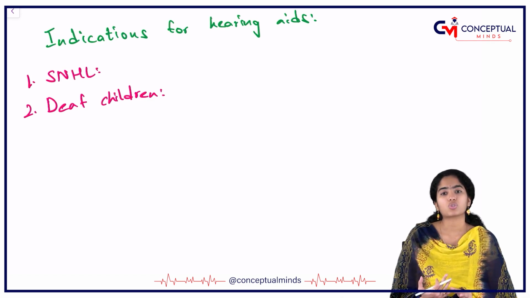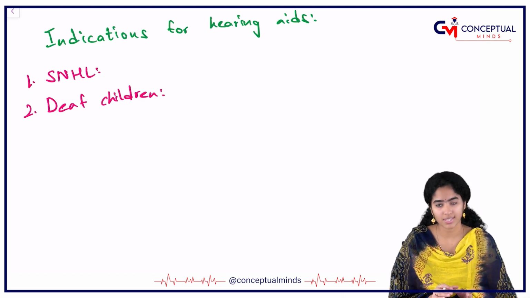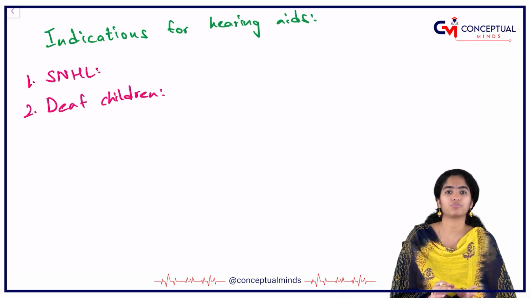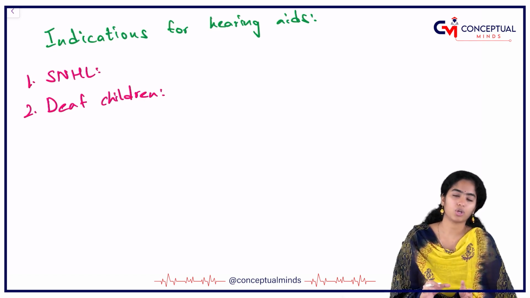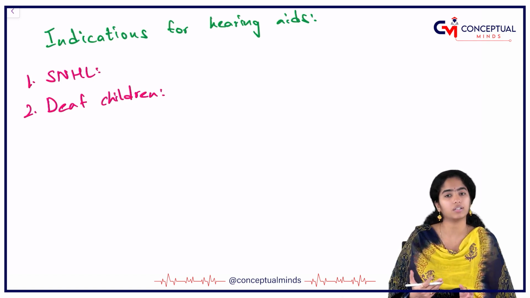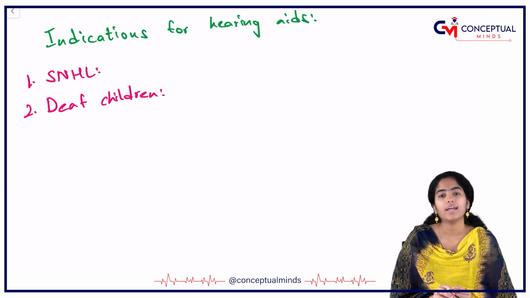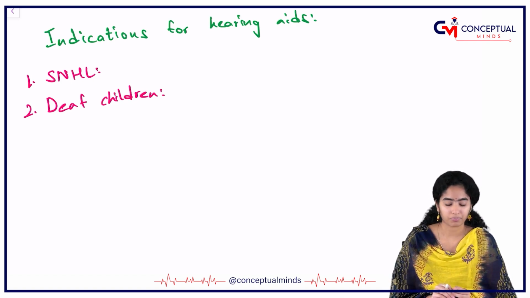So in them, sometimes even before the exact cause and the treatment is found out and before surgery is done, immediately when we identify a deaf child, we put on hearing aids and try to make them hear something so that they can learn how to speak. Even to train them otherwise also, hearing aids are useful.